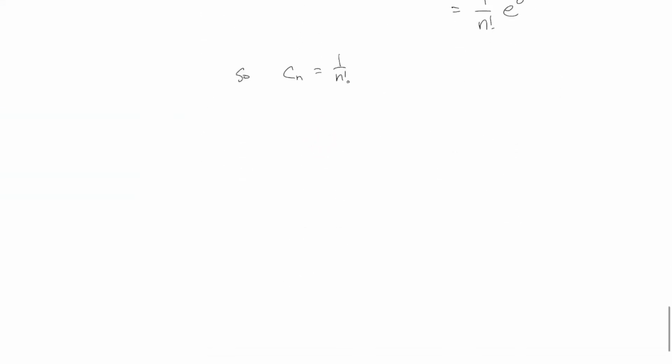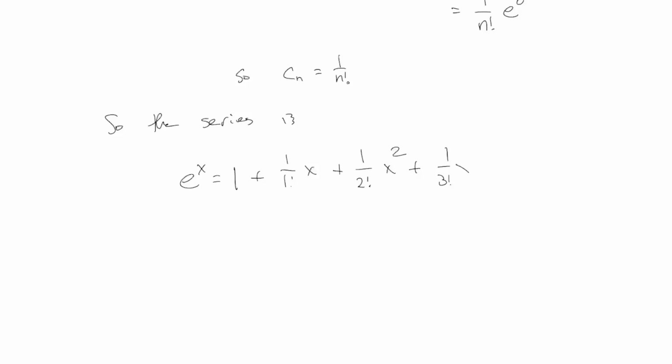So if I were to write out the series, e to the x is, the first one is 1, and then 1 over 1 factorial x, 1 over 2 factorial x squared, 1 over 3 factorial x cubed, etc. Every time I'm writing what those c's are in here. Every time it's Cn times x to the power n.